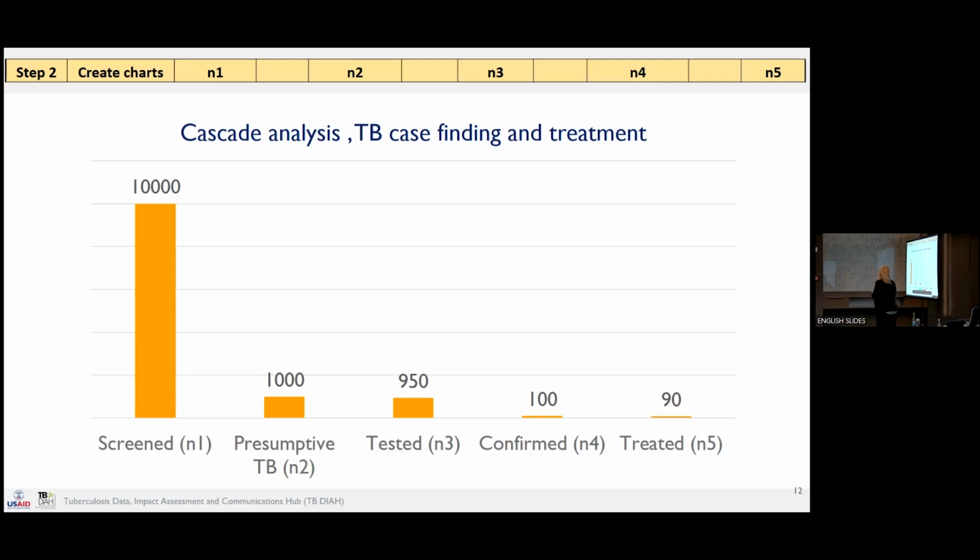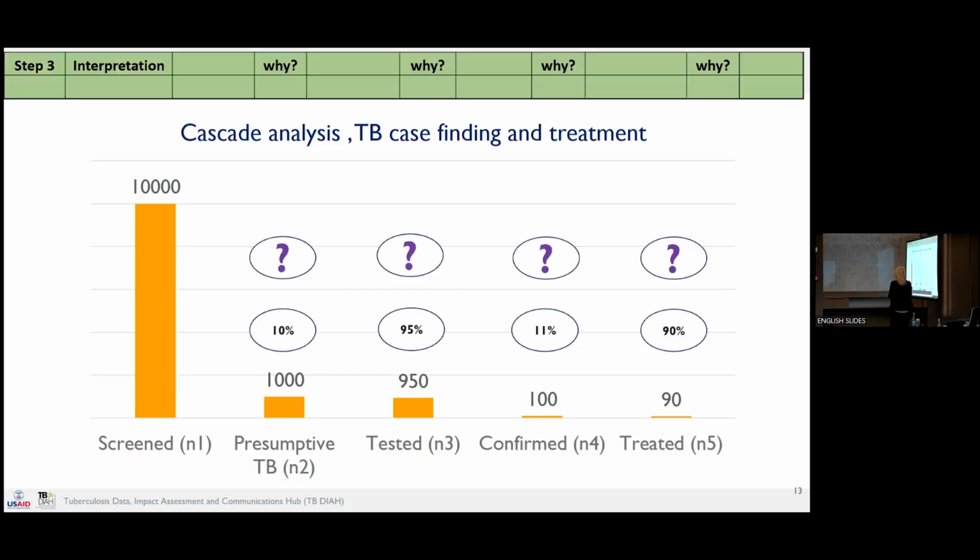We can compare those percentages with our indicators. As you can see, percentages really give us some additional information, and we see that 95% of presumptive cases went through GeneXpert. It is quite a good percentage of coverage, actually, by molecular methods of people with presumptive TB.